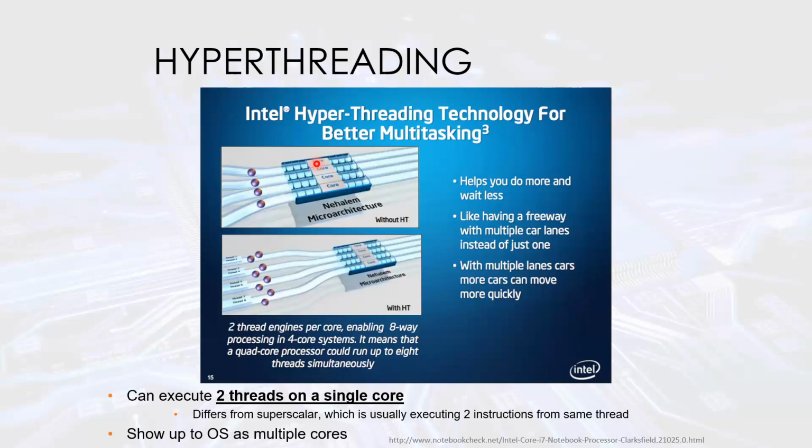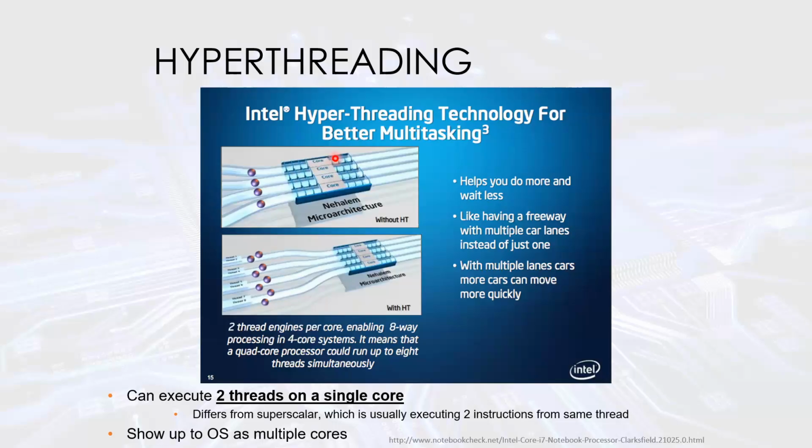Okay, but where hyperthreading makes a difference is that it's able to, and this is kind of at the hardware level, essentially take one of those cores and make the operating system think that it's actually 2 cores. Okay, so if you have 4 cores here, it's actually able to make the operating system think that you have 8 cores.